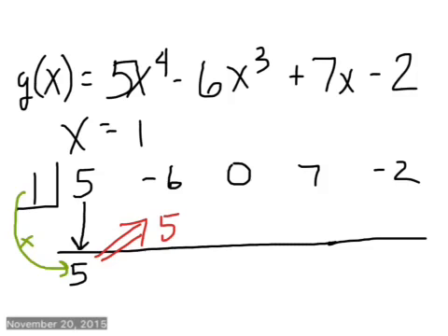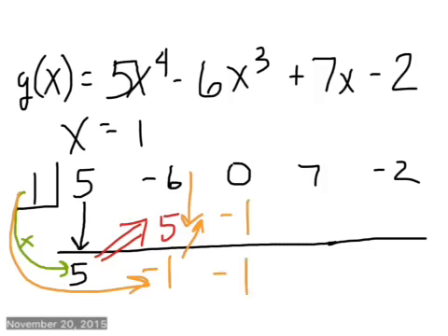Now, add straight down. What's negative 6 plus 5? Negative 1. Now, guess what we're going to do? We're going to repeat this process until we get to the end. So that means 1 times negative 1. Insert it under the next one. What's 1 times negative 1? Negative 1. And what's 0 minus 1?